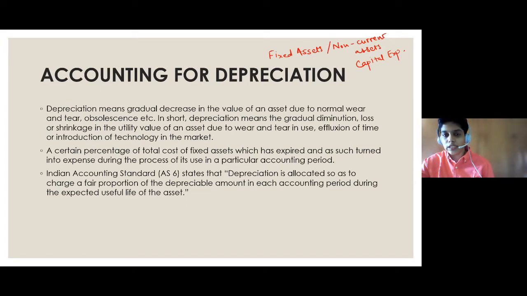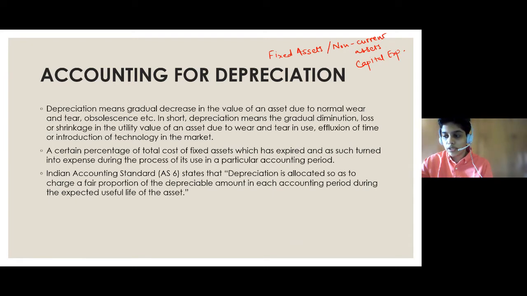But since these assets are being put to use by a business regularly, there are certain changes that take place within these assets. And these changes can be due to various reasons, mainly because of the use, but also due to other factors.